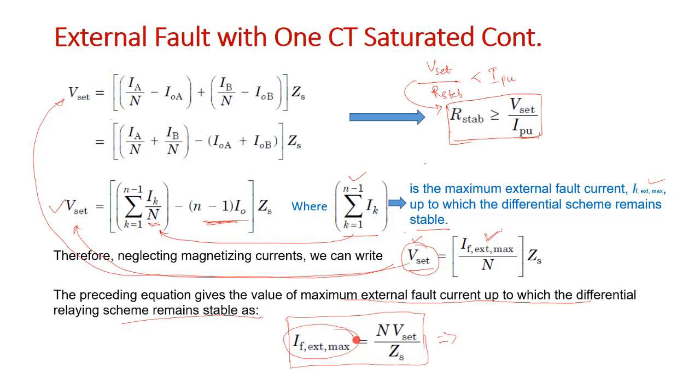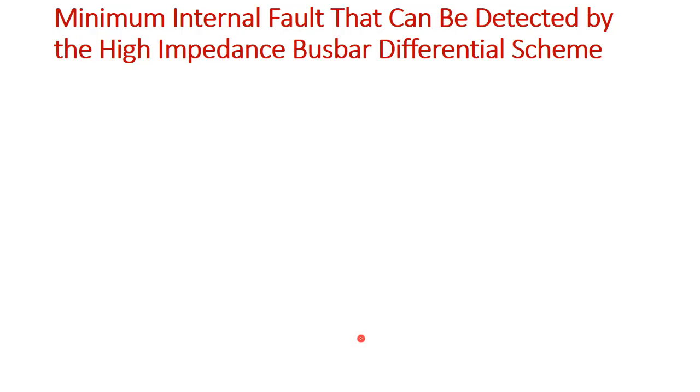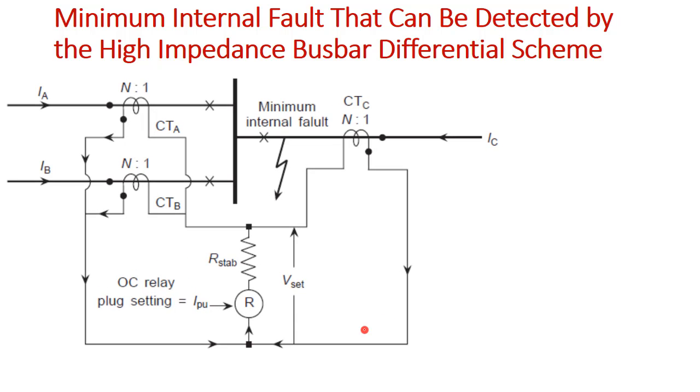Okay. So now we will calculate the minimum internal fault that can be detected by the high impedance busbar differential scheme.